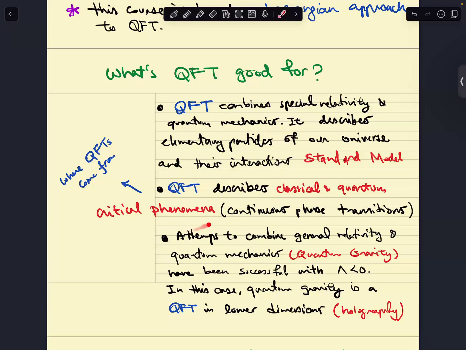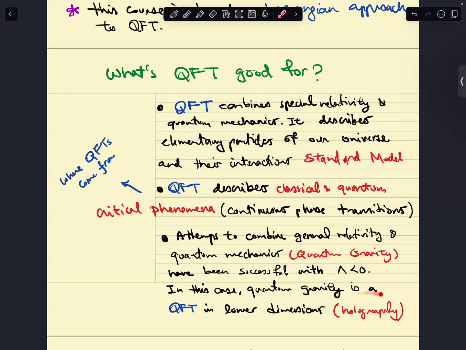Then the third pitch for quantum field theory is that attempts to combine general relativity, not special relativity, general relativity and quantum mechanics, called quantum gravity, have been successful when the cosmological constant is negative. That's one feature of some gravitational theories. In this case, quantum gravity is known to be quantum field theory in lower dimensions.